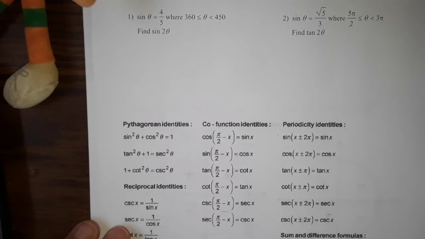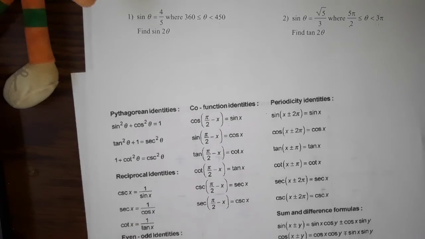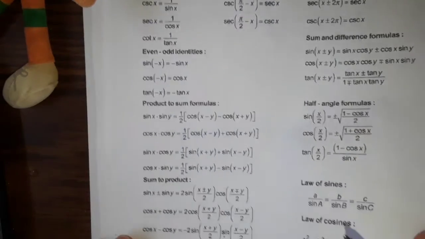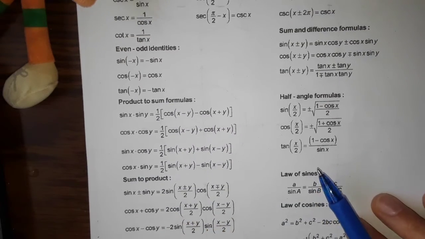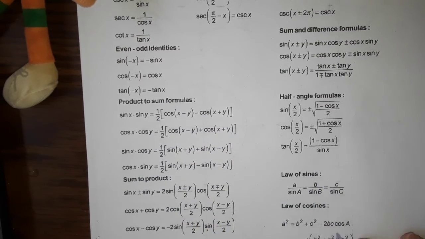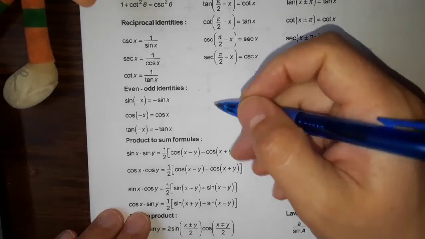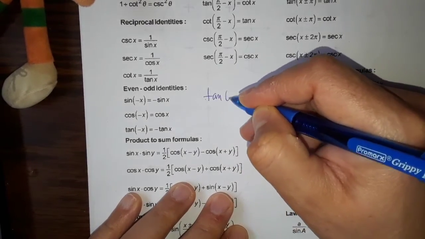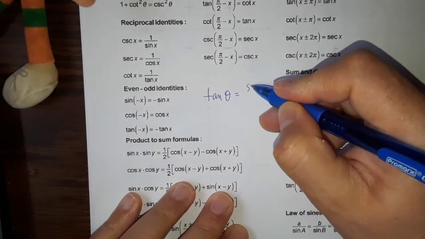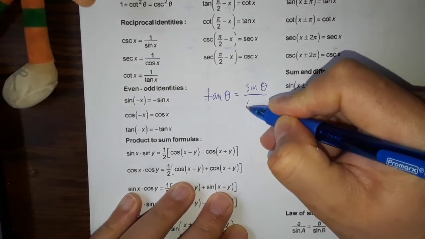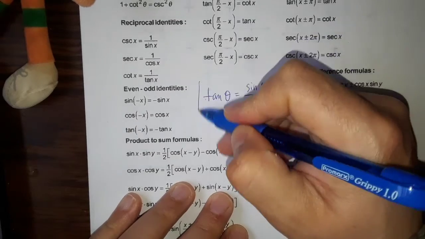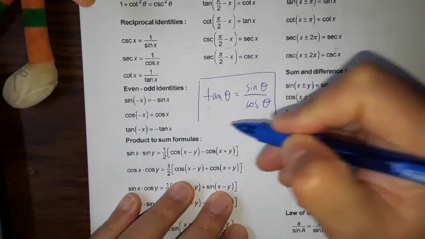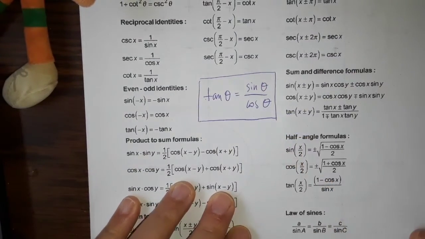But here we have a sine. And in this paper, there's one equation missing, which is the definition of tangent. We're going to write it here. Tangent of theta is actually sine of theta over cosine of theta. You're going to use this formula often.